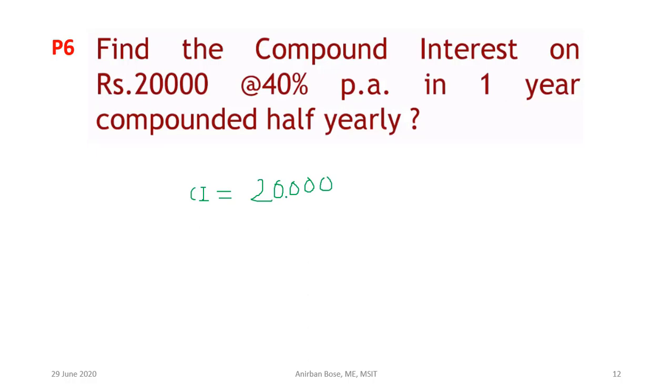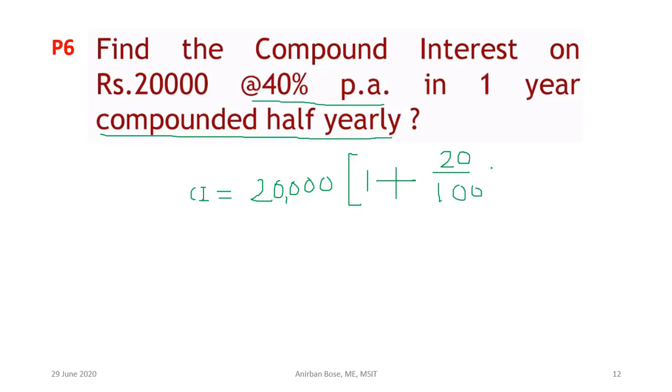So 20,000 into 1 plus r by 100. What is r? Since it has been given compounded half yearly, and 40% is per annum, half yearly it will be just half of that, so 20. So the rate of interest is basically 20, divided by 100.